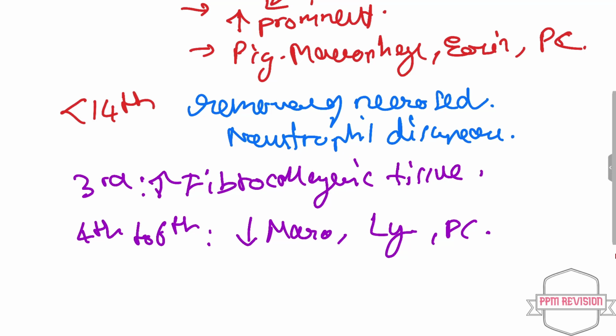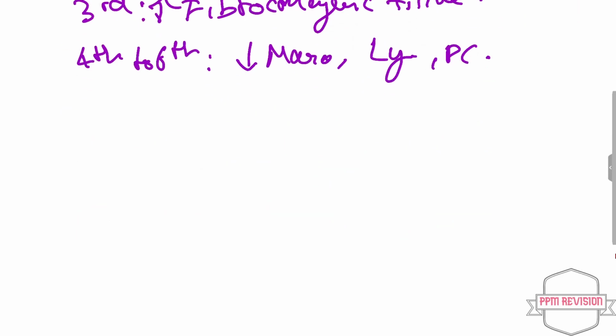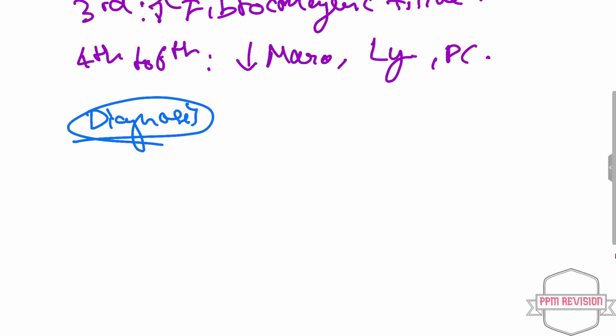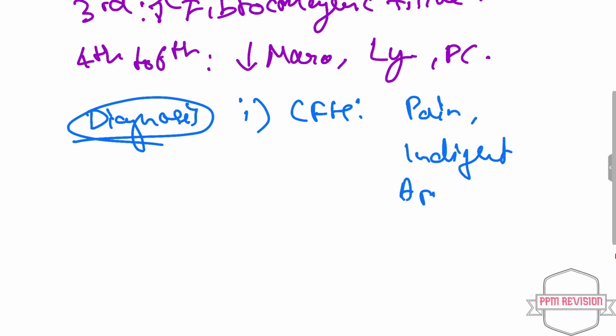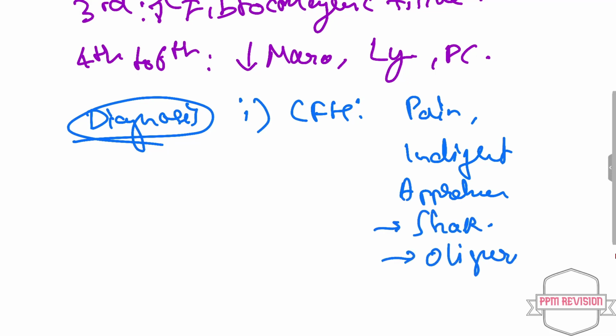Now moving ahead, looking at the diagnosis. This is also quite important. In the diagnostic aspect, first we need to know the clinical features. Here we can have pain, indigestion, apprehension, that is panic, and then shock, as well as oliguria, and also acute pulmonary edema.